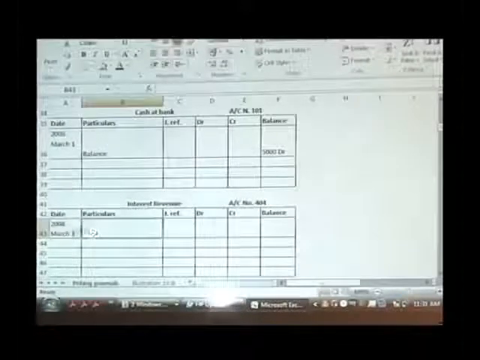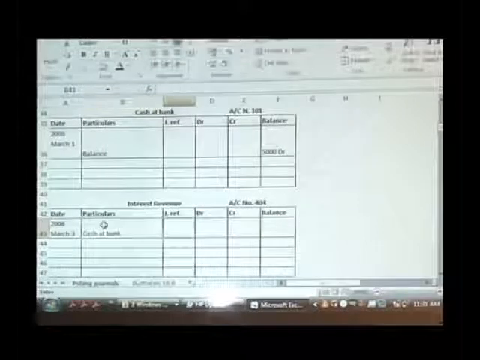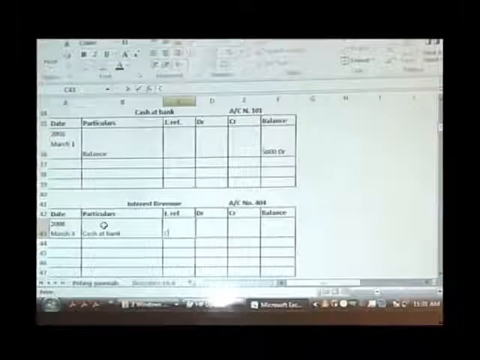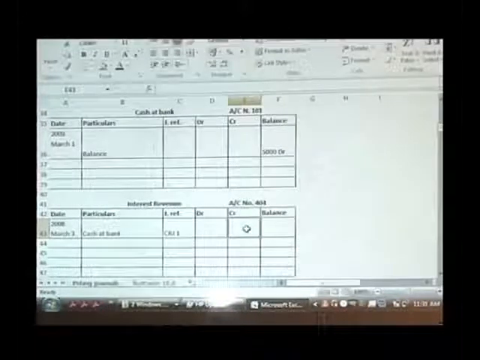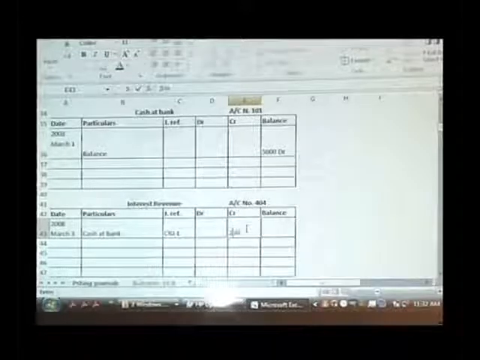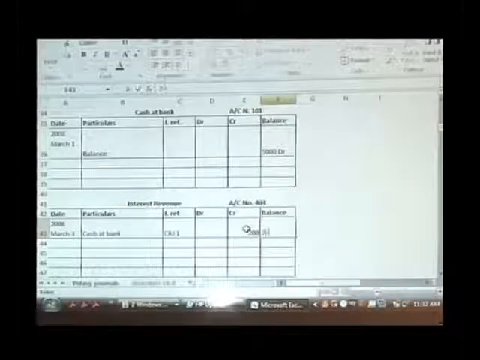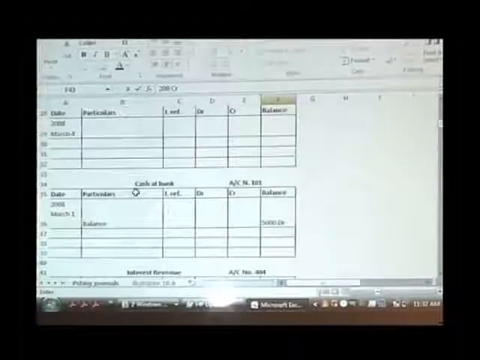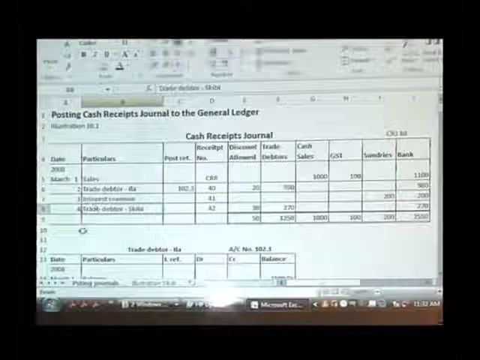Interest revenue account here, put the date, and then in the particulars column you write cash at bank, journal reference CRJ1, interest revenue, credit 200, and extend that amount to the balance column CR, and then go back to the cash receipts journal.